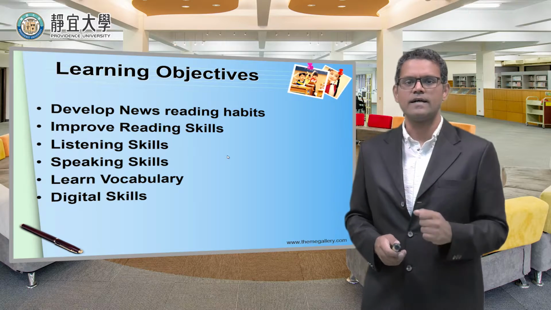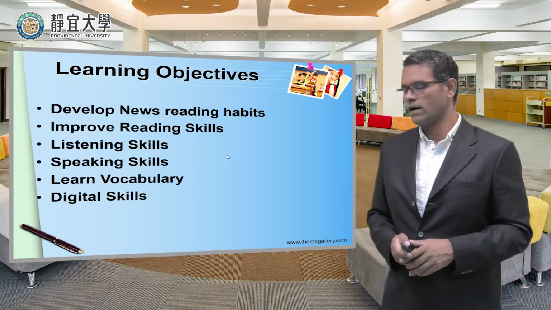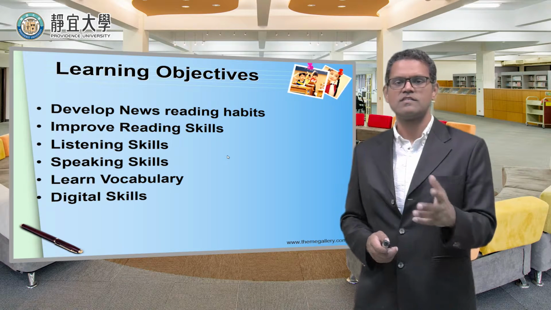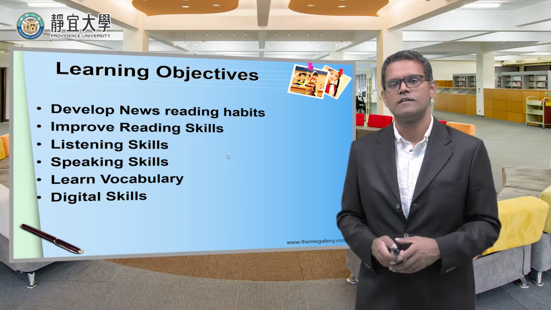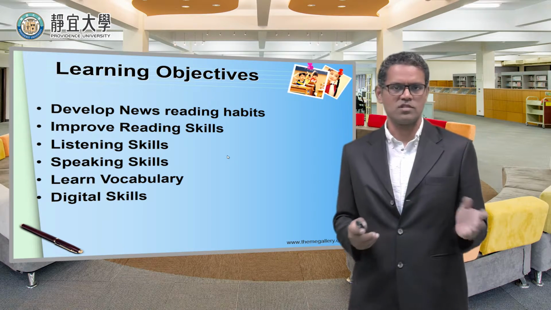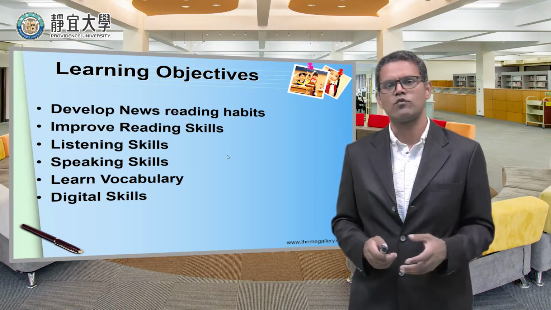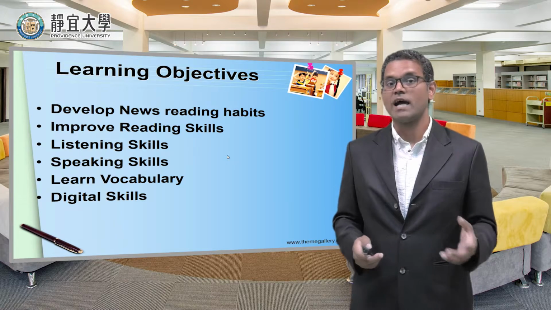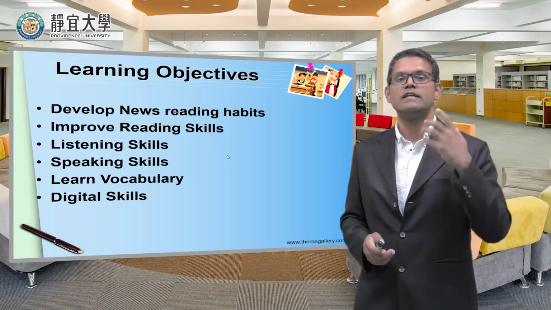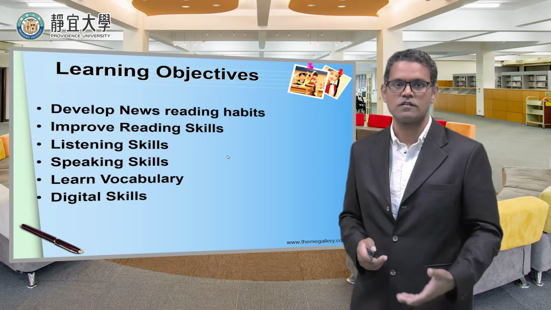And speaking skills. I will explain in detail about those later, but right now we just know that these are the objectives of this course. And then learn vocabulary. To learn a language, you need vocabulary. By reading news, I'm sure you can learn hundreds of thousands of words.